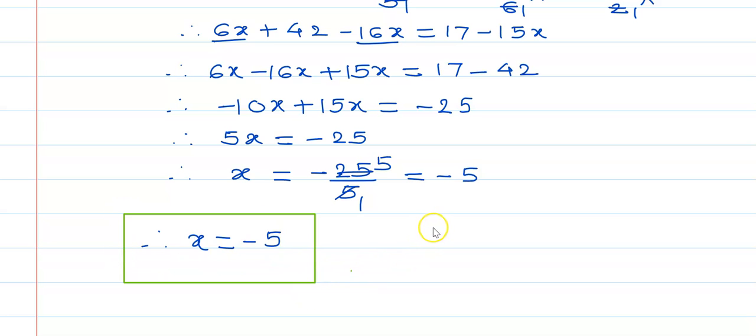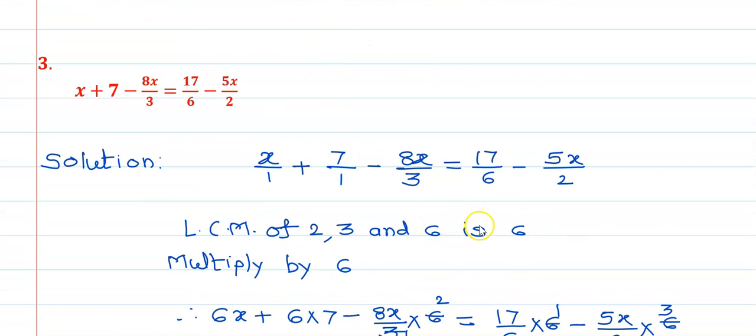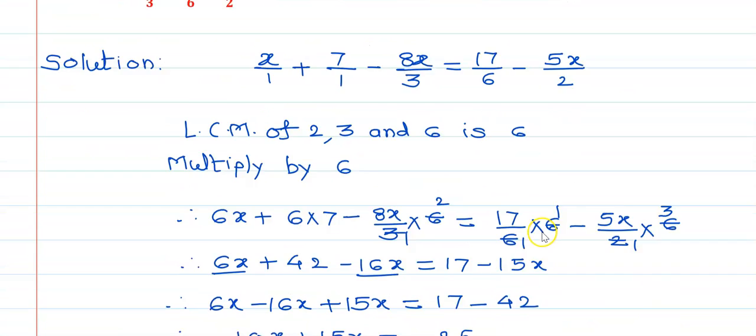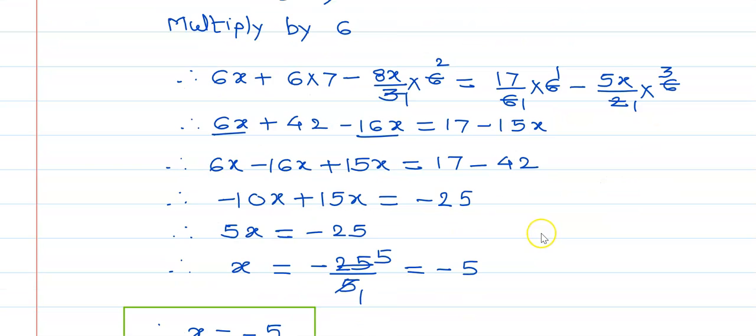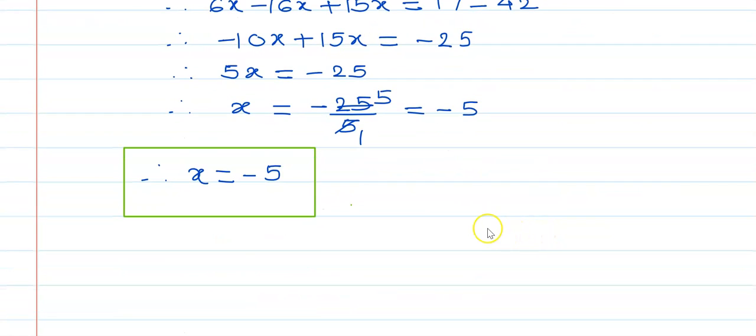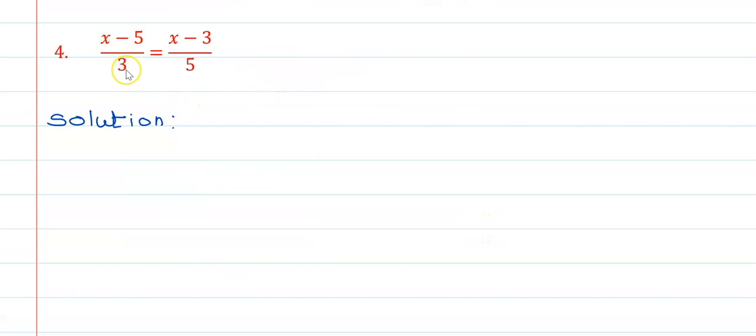See the second very simple example. Now the next example: x minus 5 upon 3 is equal to x minus 3 upon 5. X minus 5 upon 3 is equal to x minus 3 upon 5.